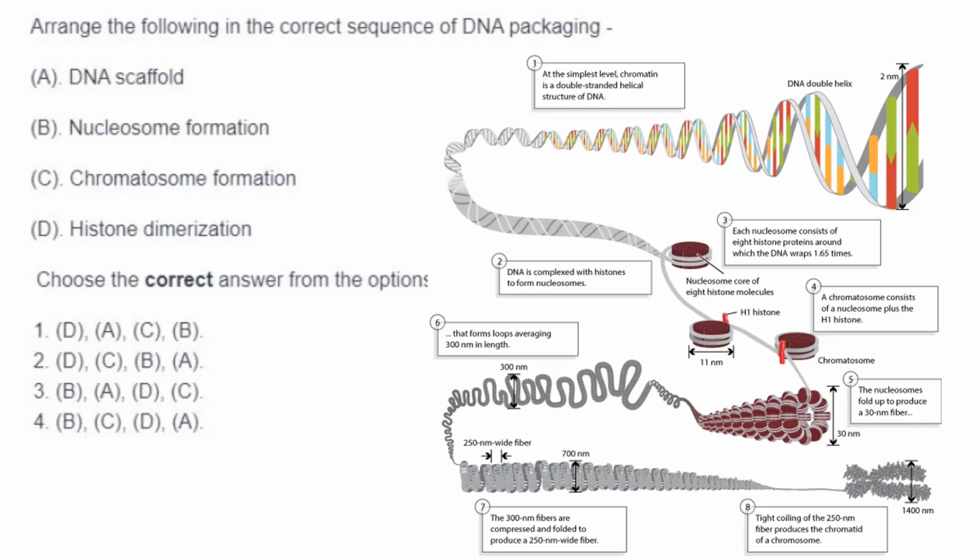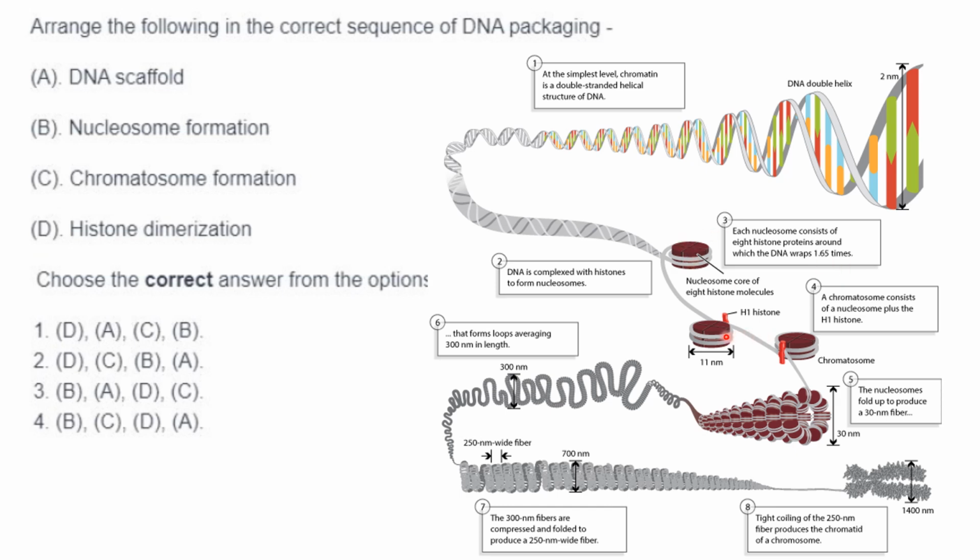Then the next one. Arrange the following in the correct sequence of DNA packaging. In DNA packaging, the simplest level is the double-stranded helical DNA. From there you go to the DNA complexed with histones, that is the nucleosome, and each nucleosome consists of 8 histone proteins around which DNA wraps 1.65 times.